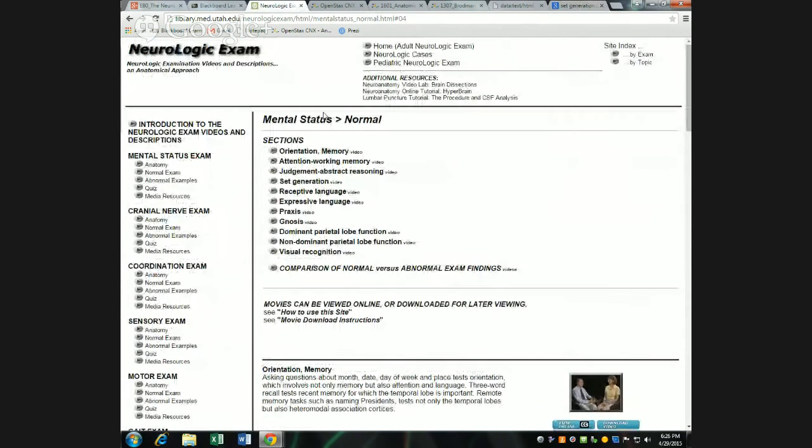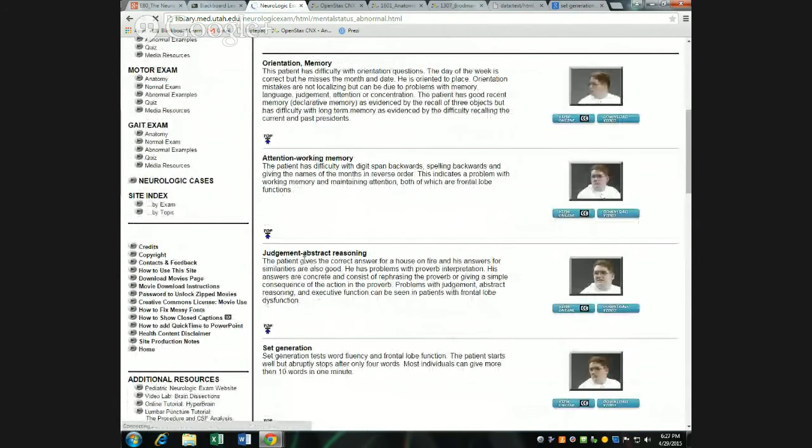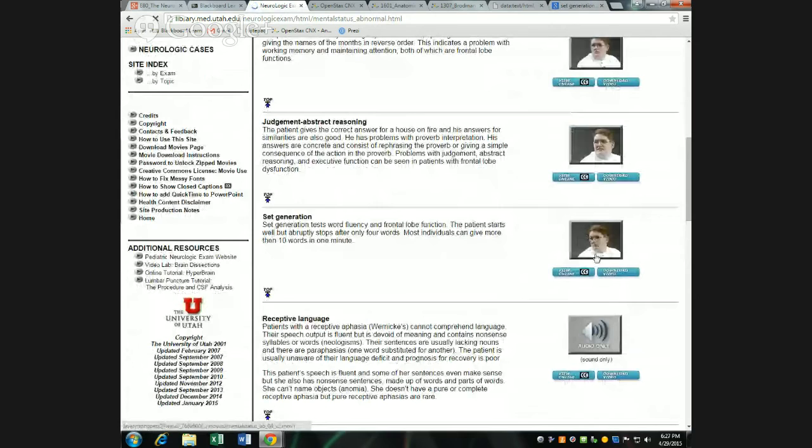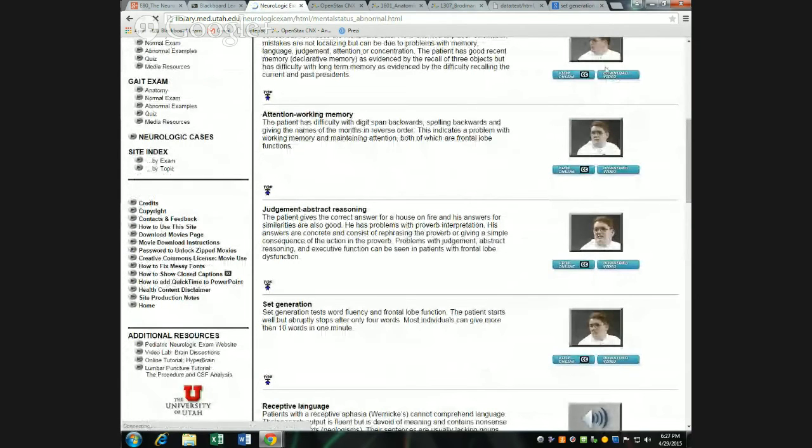So we're in the normal tests for the mental status. After the normal exam, it has an abnormal examples set. The list here is exactly the same. So these are the same tests repeated, but now the subjects are different. The first several are all performed by the same person.